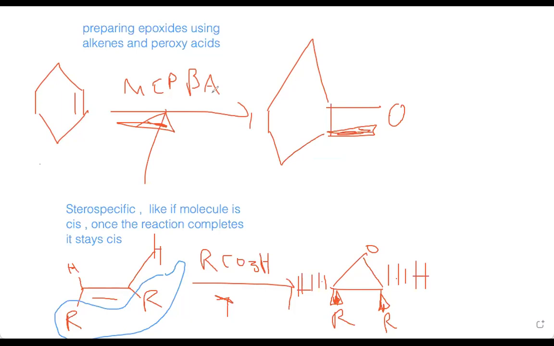We have done 3, we skipped 1 because according to one of you guys, you're not doing that. Okay. There's another way to prepare epoxides, right? Epoxides from halohydrins and alkenes.